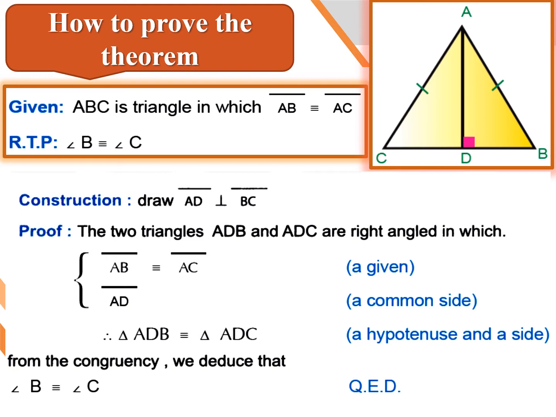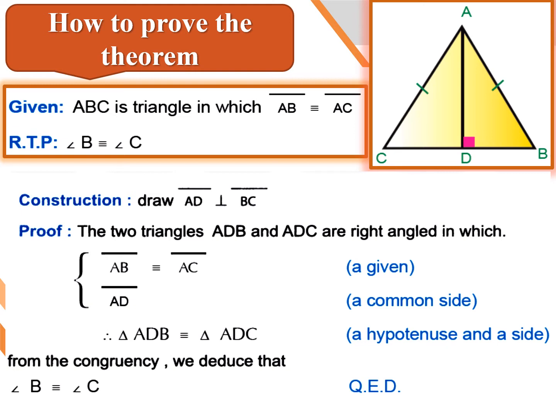In these two triangles, number one, angle ADB and angle ADC are equal to 90 degrees. So the measure of angle ADB equals the measure of angle ADC, equal to 90 degrees. Number two, AB equals AC.